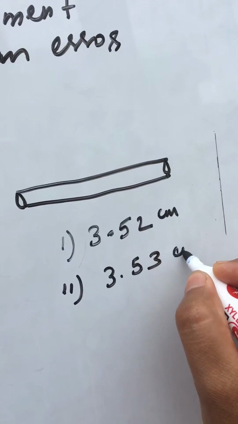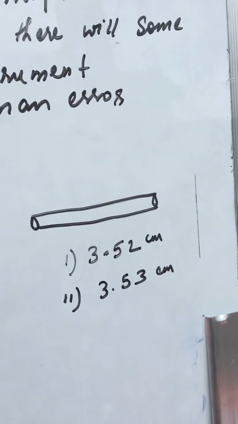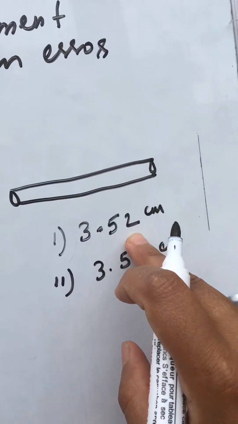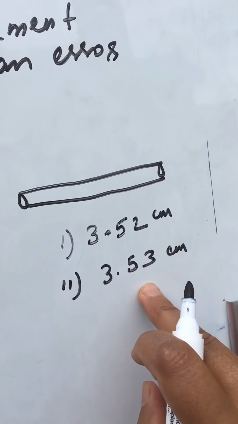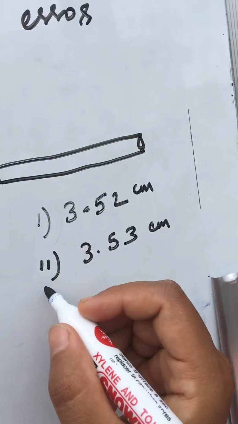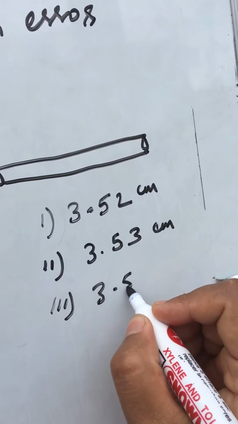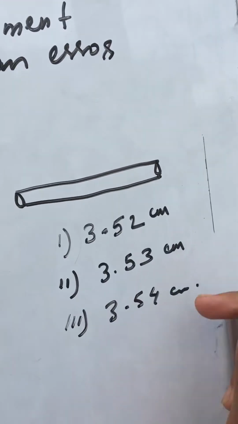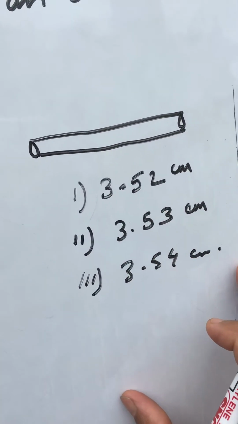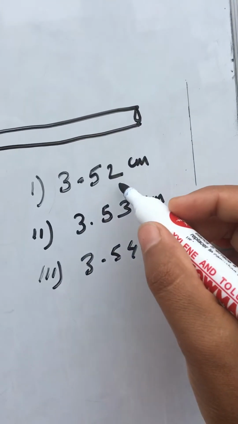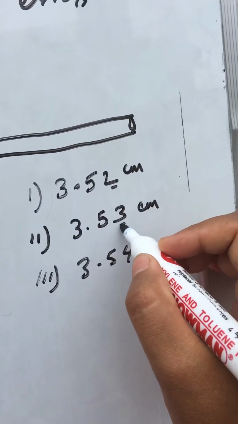In the first measurement you measured the length of the rod as 3.52, then 3.53, and the next time 3.54 centimeters. All three times the readings are different at the hundredth place after the decimal.